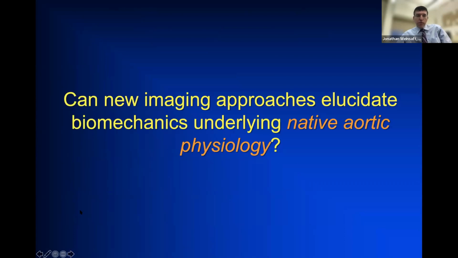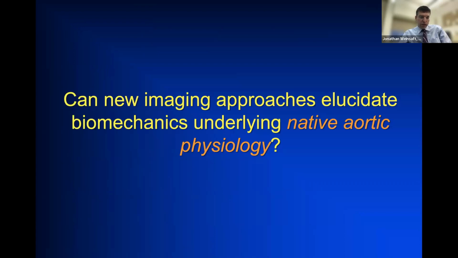We next asked, and other groups have asked, whether new imaging approaches can elucidate biomechanics underlying native aortic physiology. What I've shown to you thus far are interesting, although fairly conventional techniques in terms of both functional MRI as well as functional echocardiography.